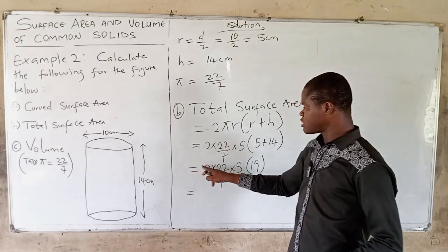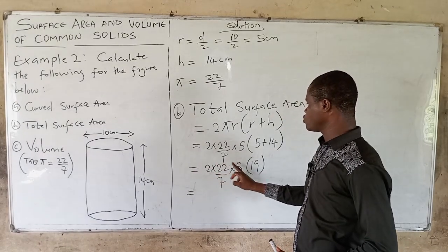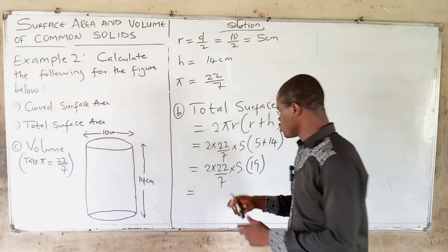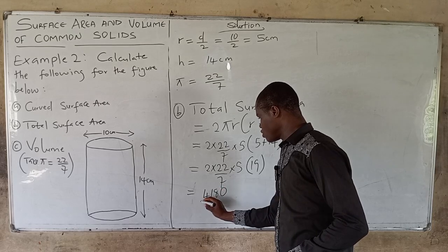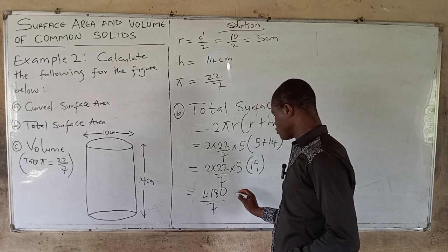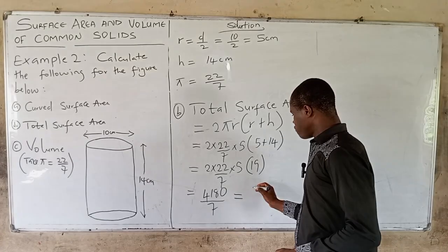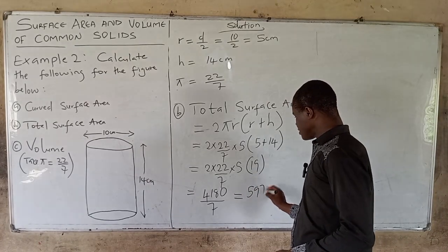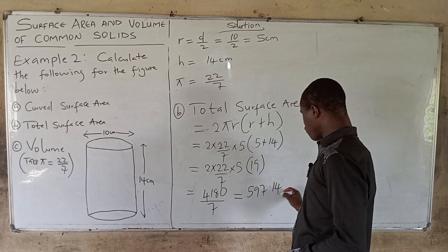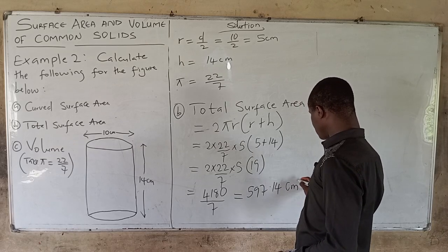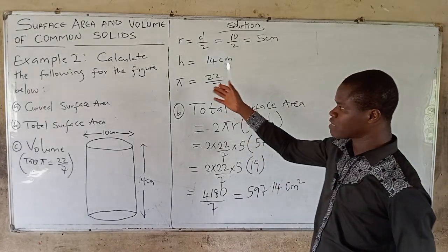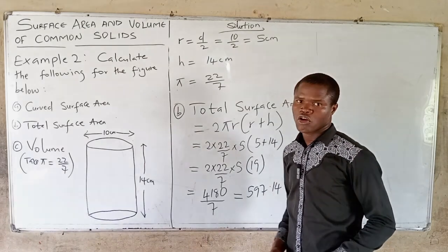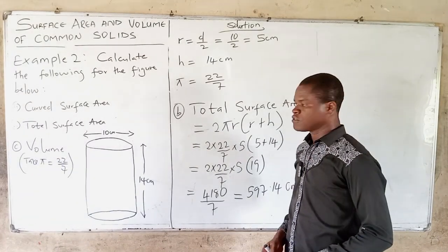Alright. When you multiply the numerator by 2 times 22 times 5 times 19, we are going to get 4180 divided by 7. So this will give us 597.14 centimeter square. So this will be the value for the total surface area of our cylinder.